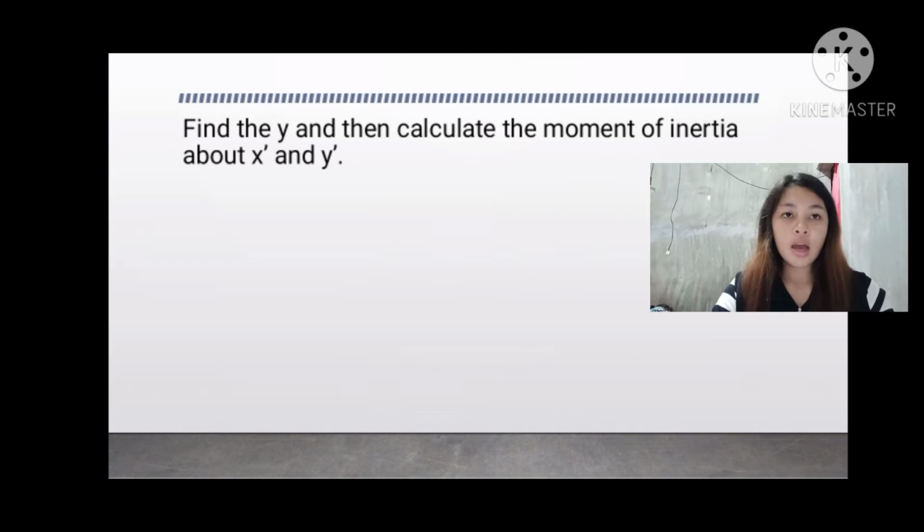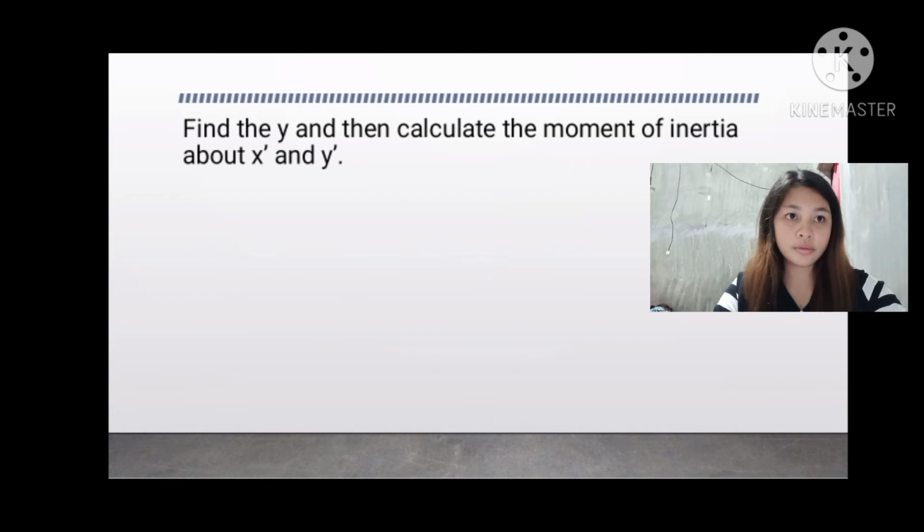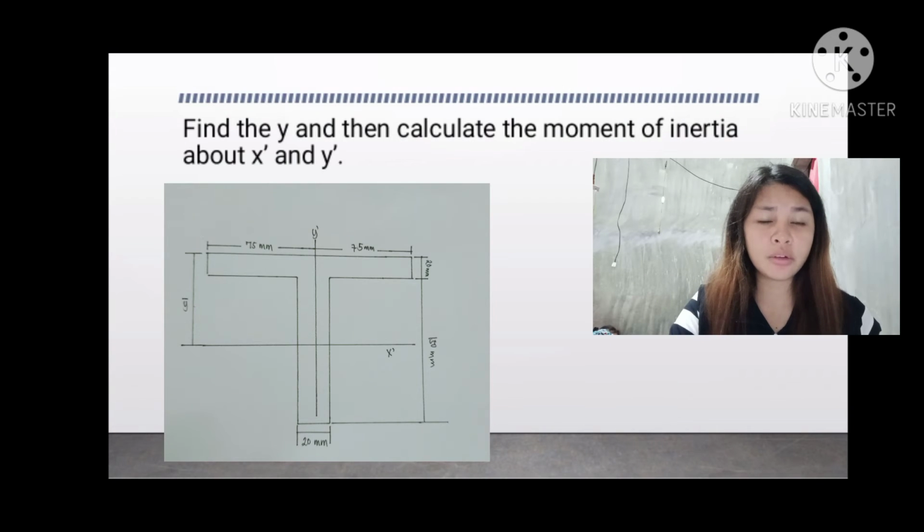Now that we know where the line that we are rotating about is, we can calculate the moment of inertia. But take note, the moment of inertia of a rectangle about its center of mass is equal to bh cubed over 12. On our topic regarding the parallel axis theorem, we're just going to use the same example.